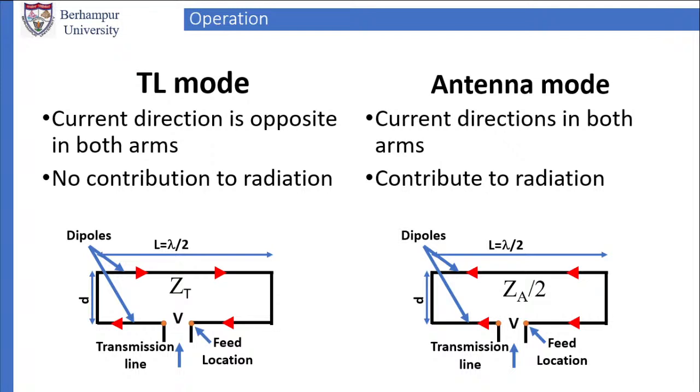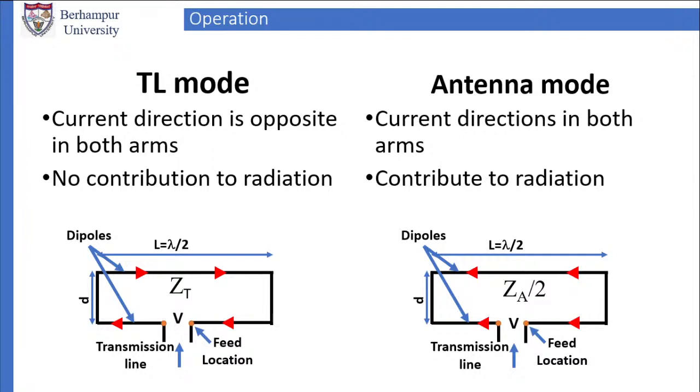There will be no contribution to radiation because it is transmission line. Transmission line does not radiate, so there is no contribution to the radiation in the transmission line mode. Then in the antenna mode, the current direction in both the arms are same. Because current direction in both the arms are same, that contributes to radiation. So this is the difference between the two modes.